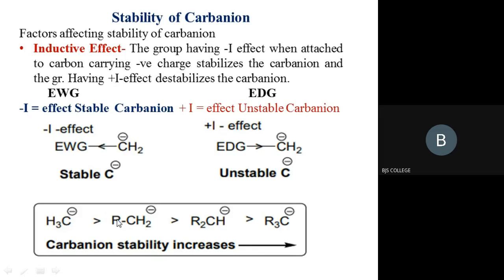It is exactly opposite to carbocations. As you know, a tertiary carbocation is highly stable because the electron donating groups stabilize the plus charge on the carbon, whereas a negatively charged carbanion is always destabilized by the plus I effect, and therefore a primary carbanion is highly stable as compared to secondary and tertiary carbanions.